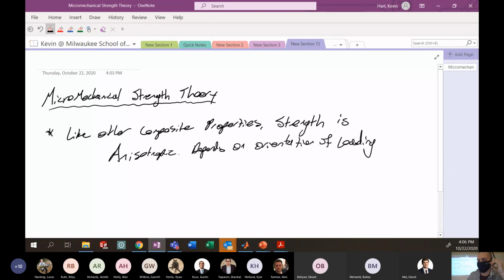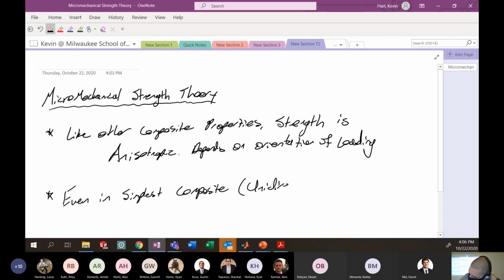If you want to think about a fiber direction and the loading relative to the fiber direction. Even in the most simplistic composite, which we think of as a unidirectional composite, it's really complicated. Even in the simplest composite, which is a unidirectional composite, very complicated.